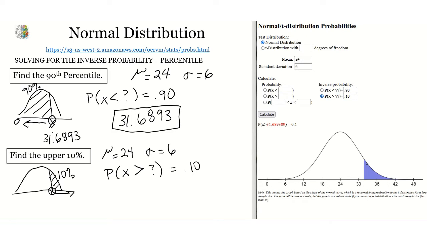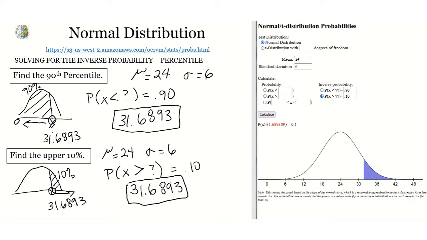It's shaded to the right just like we would expect, and if you'll notice, it's going to give me the same value that I got before when I was looking for the 90th percentile. So these are opposites. And that's one of the things that you want to pay attention to, which is how your question is worded.